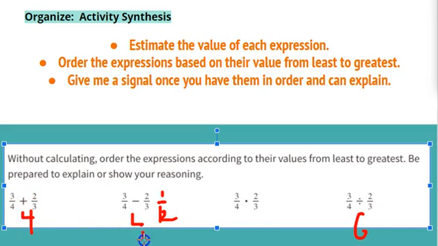So this is first, least, 4, greatest. This one's going to be second most, and that's going to be third most. So I need to fix that. All right. Let us check and see how well I did.